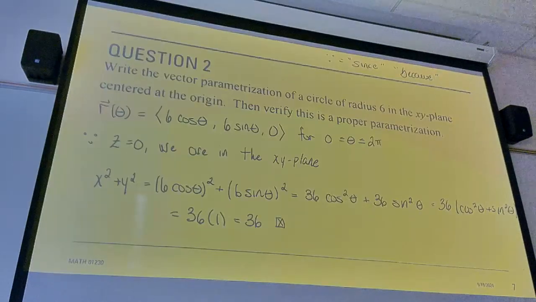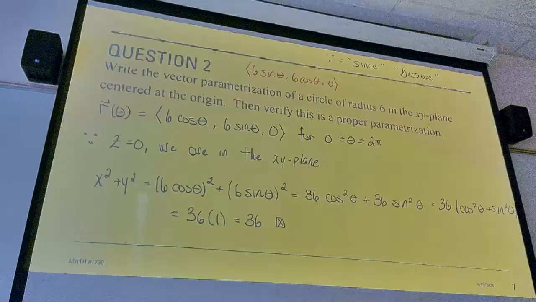I can think of at least two more. One is obvious. Would that also work? Let's see whether it does.